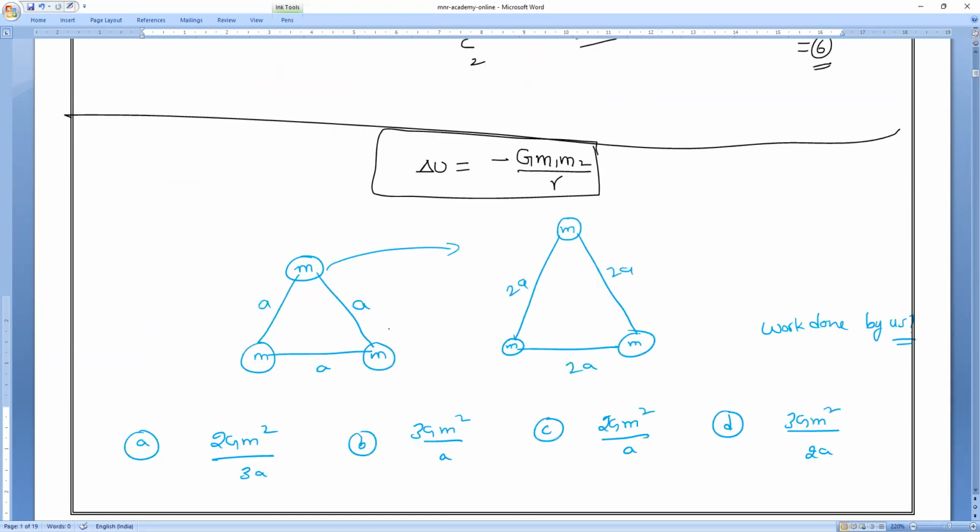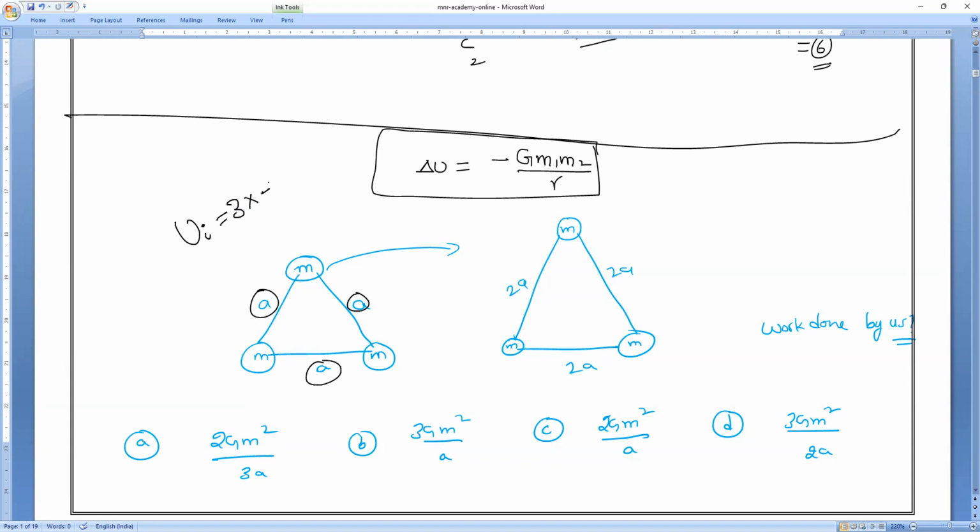So what is the initial potential energy of the system? Initially, this is the mass I want to transfer. Three bodies are there: 1, 2, 3, so 3 times. Between any two bodies, a is the distance.